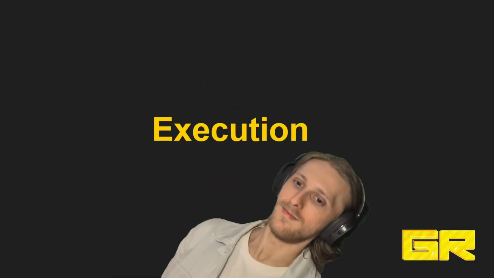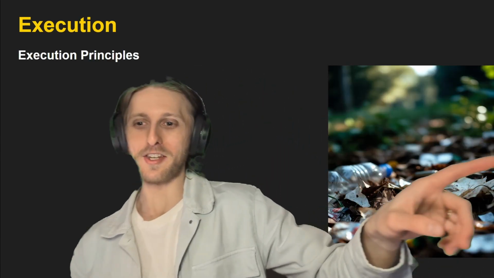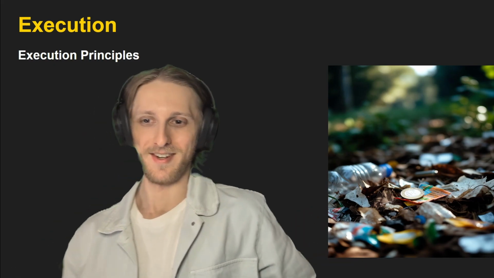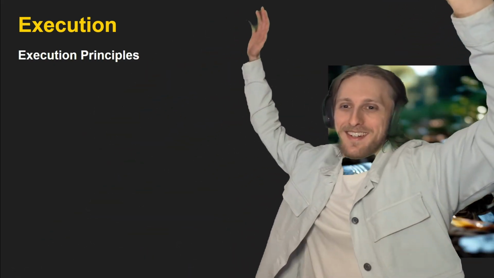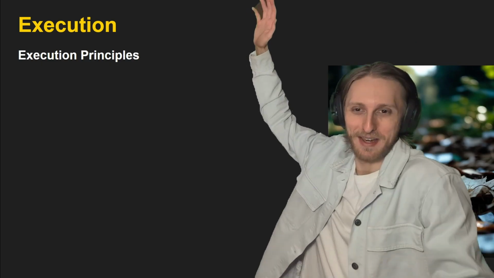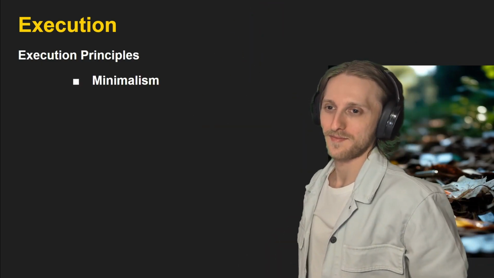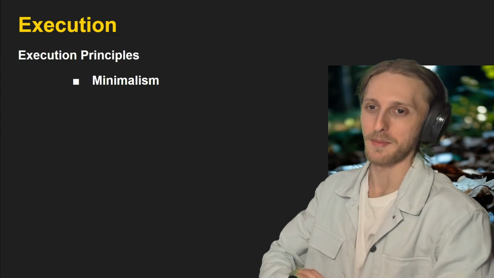So, execution. Ignore the picture for a second, okay? I promise you'll understand what it means. Okay, so, here I am. I'll make it easier for you. Look, execution principles, guys. First of all, it should be minimalistic.